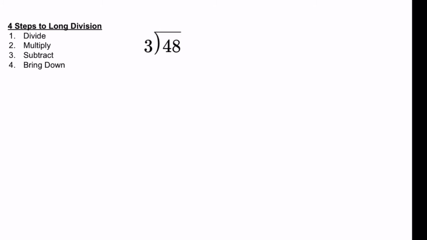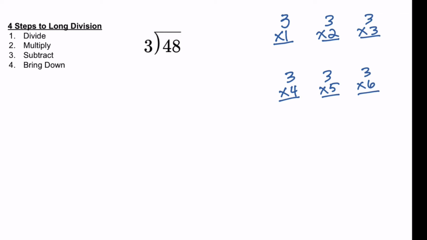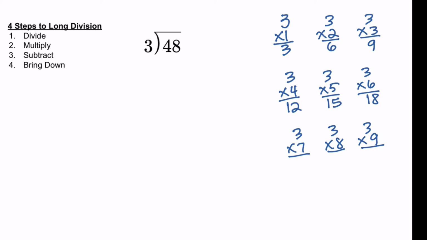On the side of their paper, have them write down 3 times 1, 3 times 2, 3 times 3, 3 times 4, 3 times 5, 3 times 6, 3 times 7, 3 times 8, and 3 times 9. Chances are they may already know these facts right off the bat, but it's going to help them to see these facts while they're doing their division. So let's get these answers in.